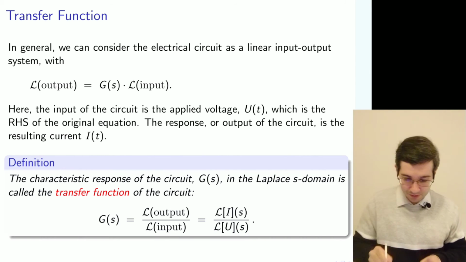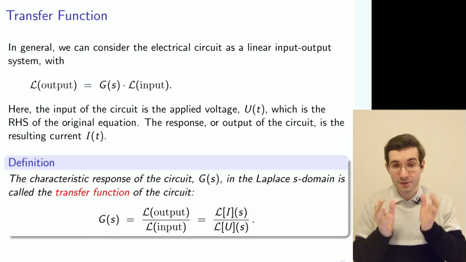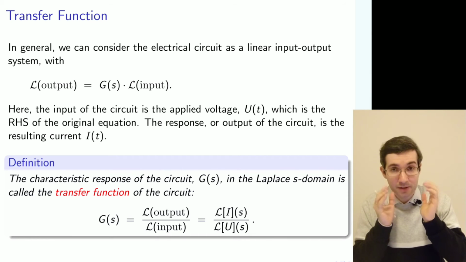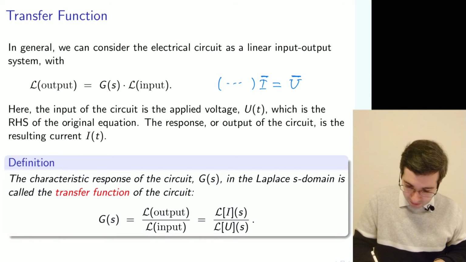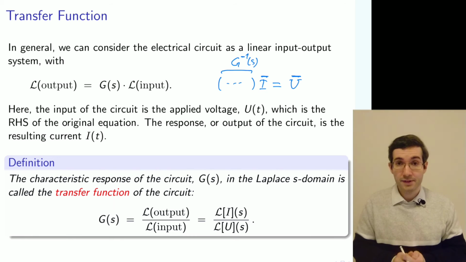So normally what you do is you do your transform and identify what exactly this bracket in front of I bar is. So if you have something times I bar equals U bar, then that something is just the inverted transfer function.